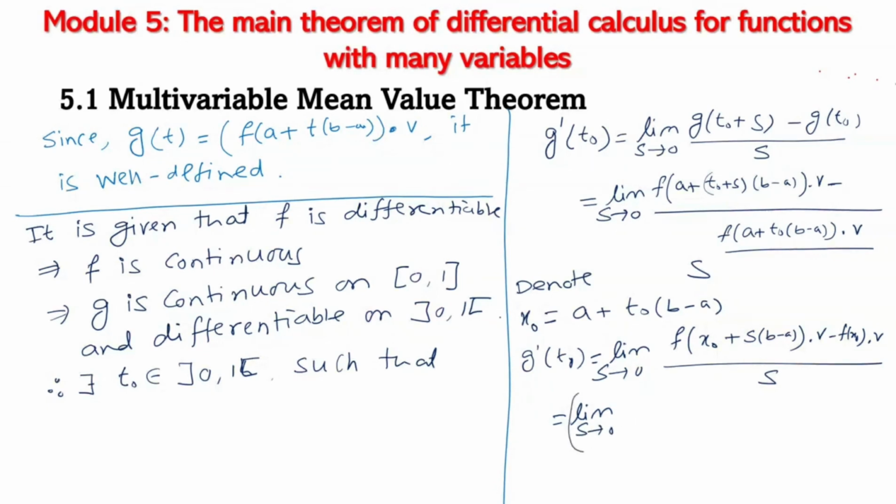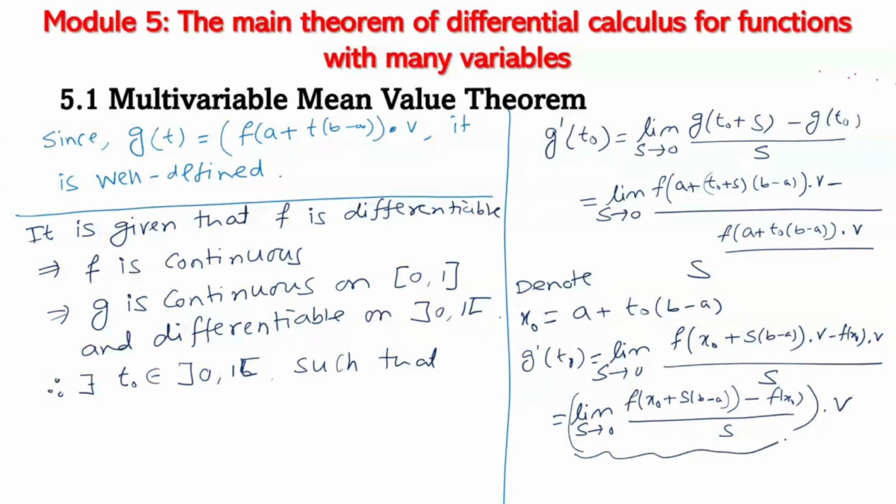The limit as s tends to 0. Since the dot product is linear, we can write it here: [f of (x naught plus s(b minus a)) minus f of x naught] over s, dot v.